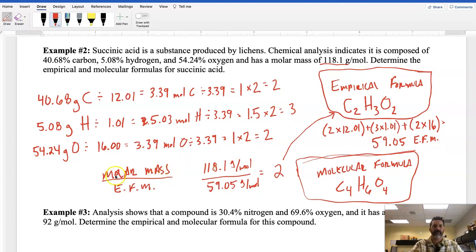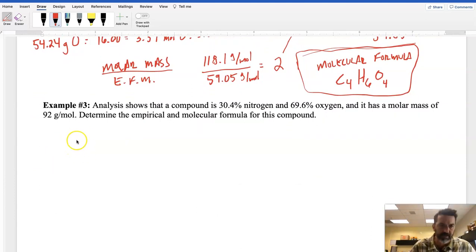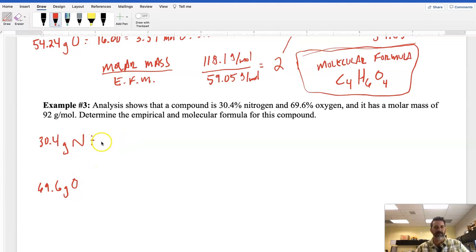All right. So last one. Again, you guys can try this on your own. You can pause the video, try it, and just see if you get the same number. I'm going to go through it pretty quickly. So we've got 30.4 grams of nitrogen and 69.6 grams of oxygen. Step 1, convert it to moles.